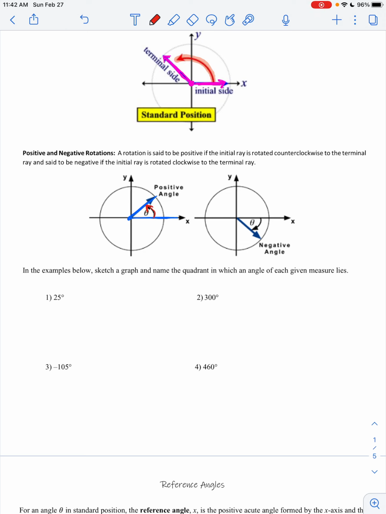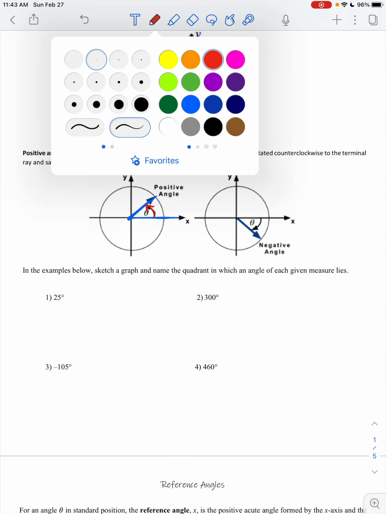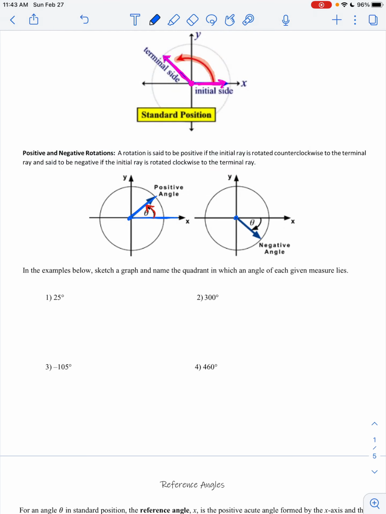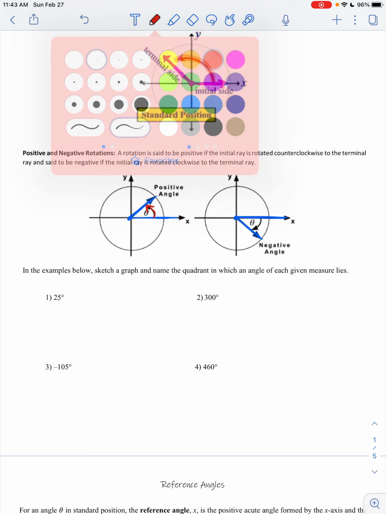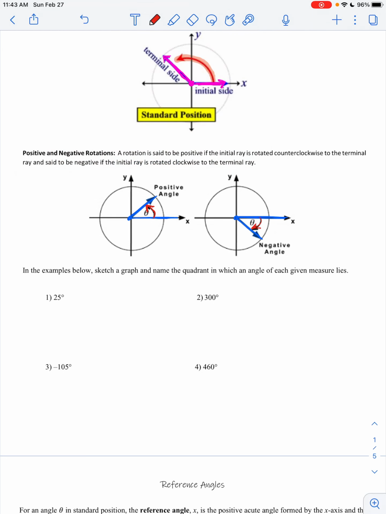In other words, your arrow is pointing up. That's a positive angle. If your angle is negative, your vertex is 0, 0, you're starting at your initial side, you're ending at your terminal side, but now your arrow is pointing down.